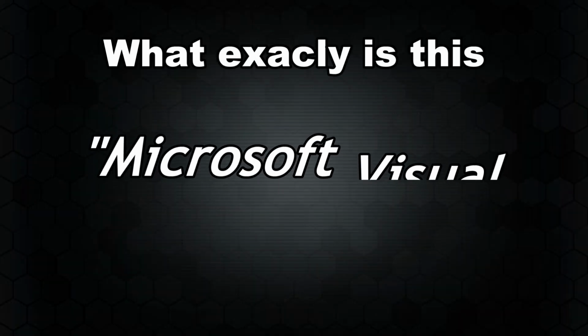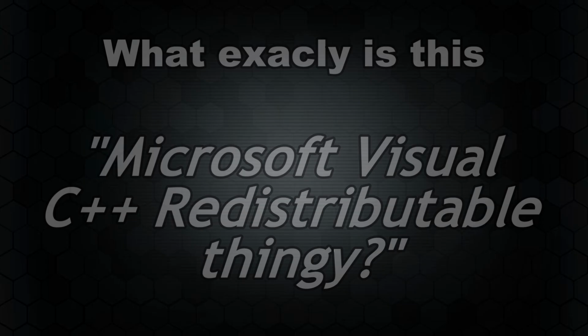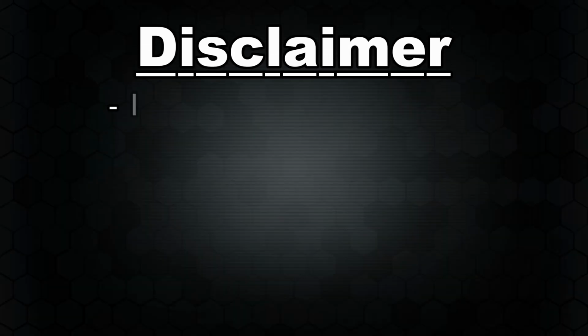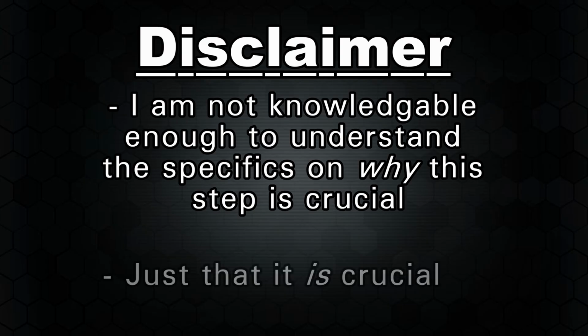Now, what exactly is this Microsoft Visual C++ redistributable thingy, you might be wondering? I'm not exactly qualified enough to try and explain what or how it works. Just that it allows for the recap server in the next step to be able to do its thing.